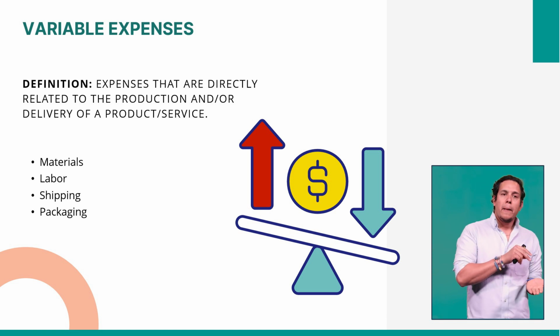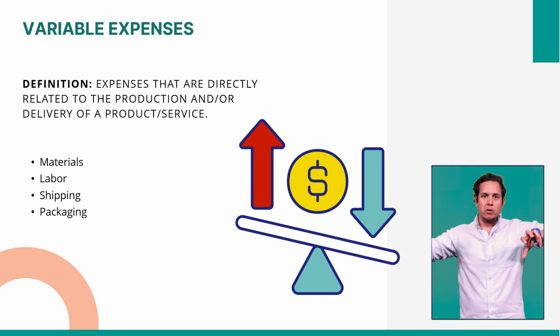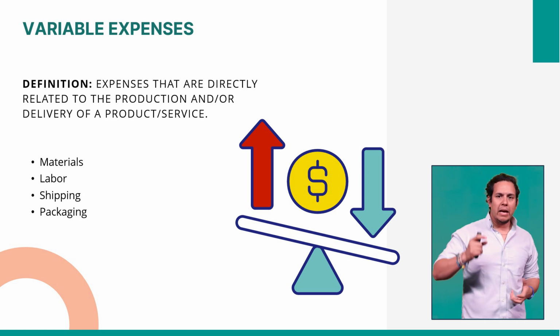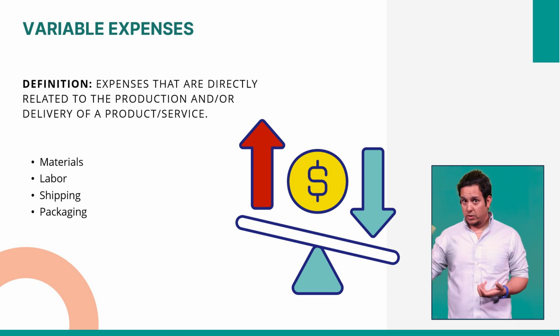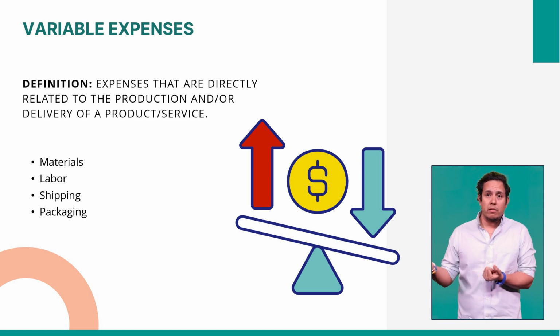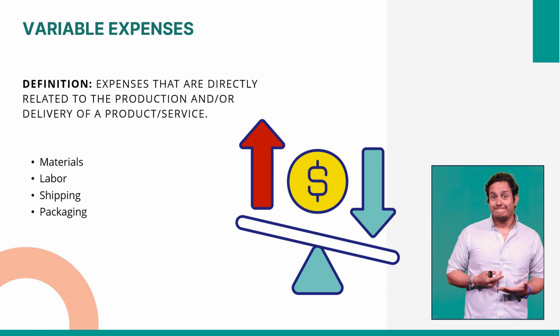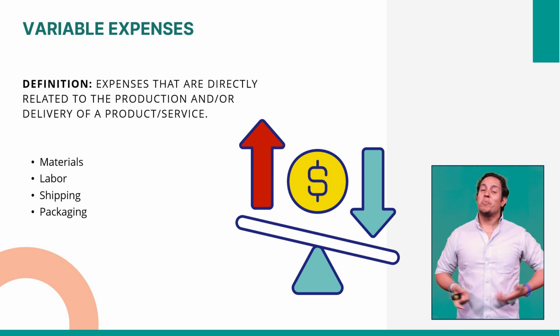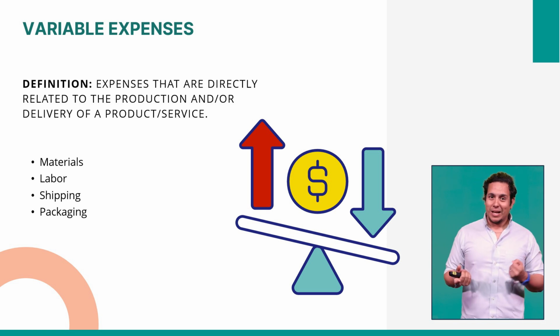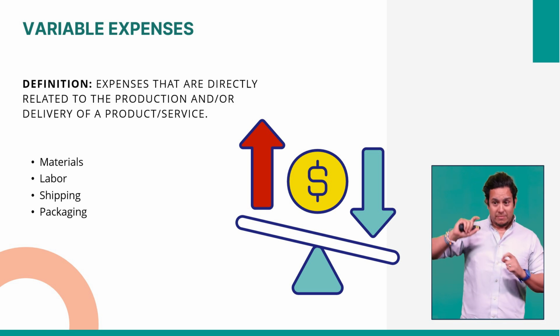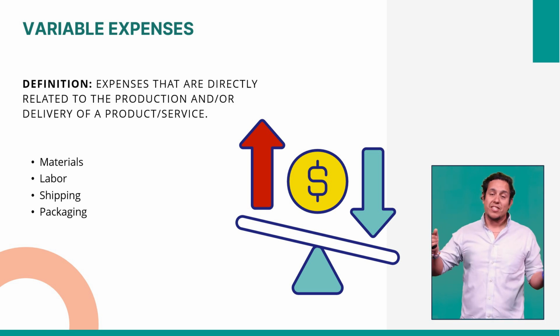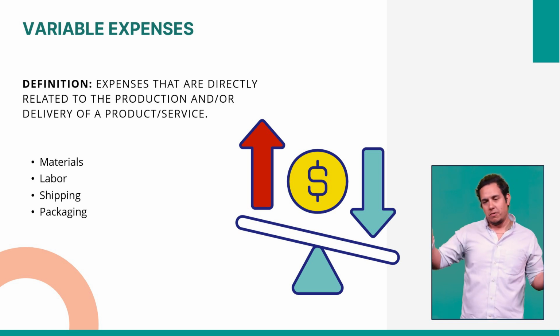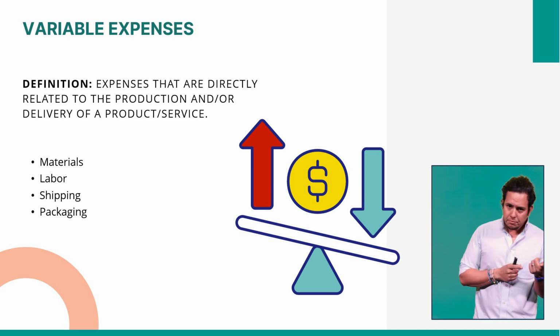The more we sell, the more materials we're going to incur. Labor. The more we produce, the more we sell, the more labor we're going to require. Shipping. The more we sell, the more we ship, directly. So the more we sell, the more we're going to ship, variable costs.